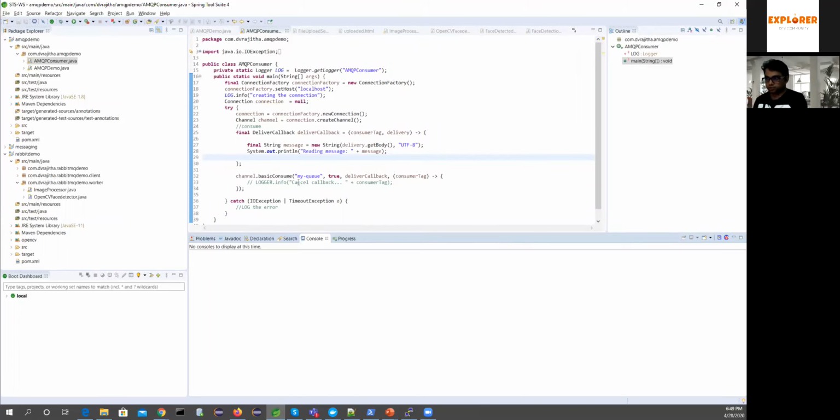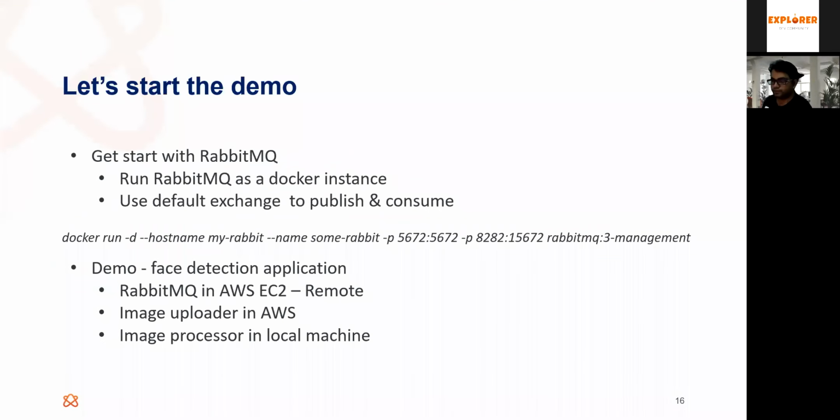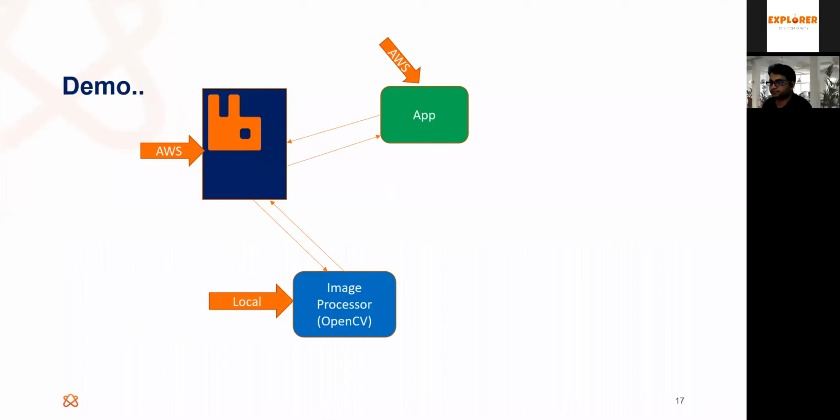So let's move on to the other demo, which is our cloud-based distributed processing. Now what you have seen is RabbitMQ running inside my machine, and the two clients, publishing and receiving, are all on the same machine. So this is the high-level diagram of the application. We have an image processor running on my local machine to detect faces.